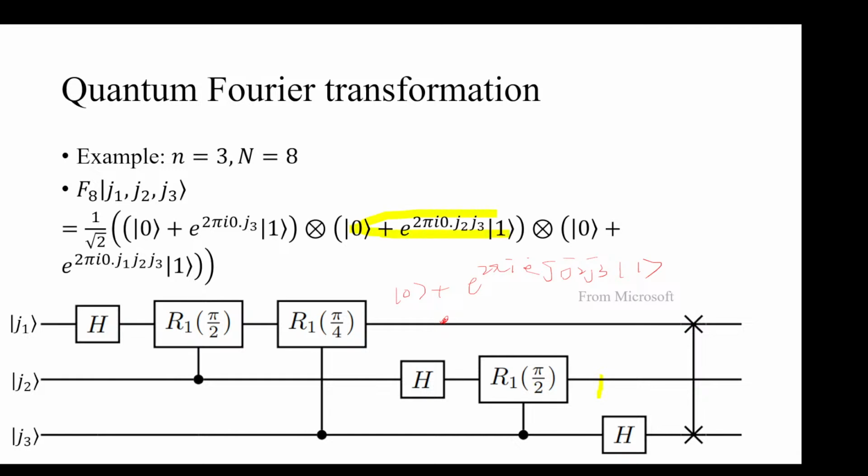This is |0> plus e to the 2 pi i 0.j2j3 |1>, because the Hadamard gives you j2 and this control on j3 gives you j3.